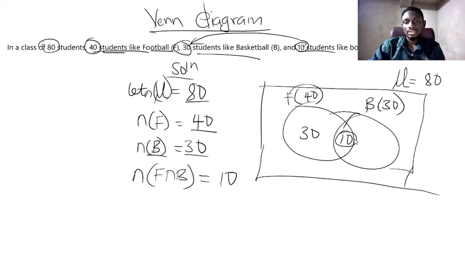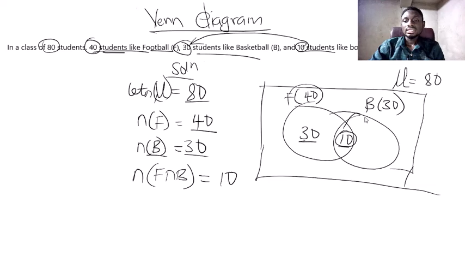So if you want to find the number of students in the football team, those who are in both teams will also join them. In that case, it will make this 30 plus 10, giving us 40. But if you want to find the number of students who are in only football, then 30 students are only in the football team. And 10 out of the 40 students are in both football and basketball.